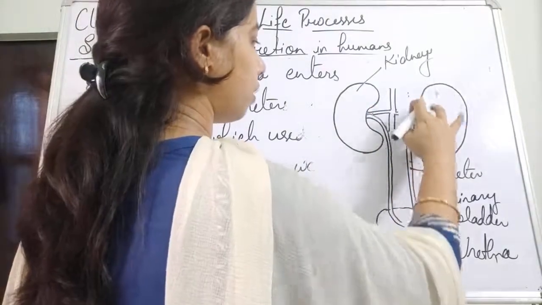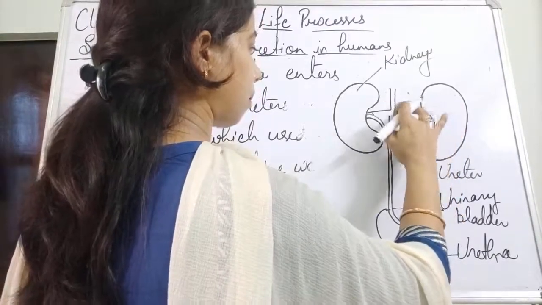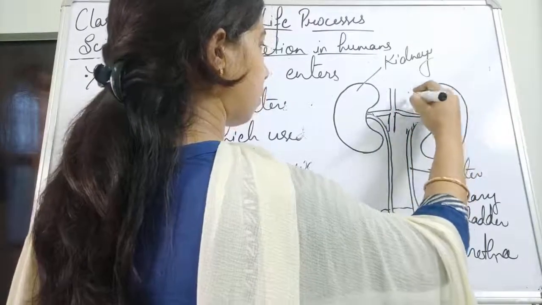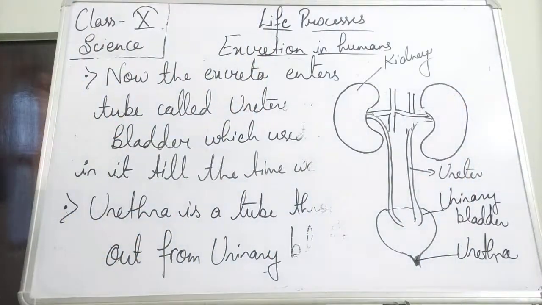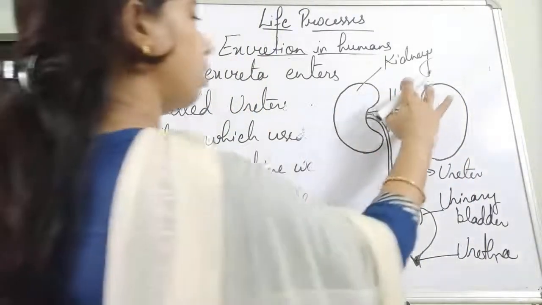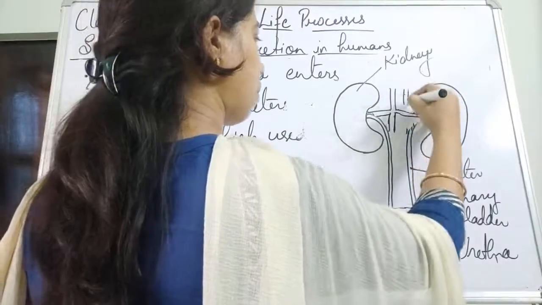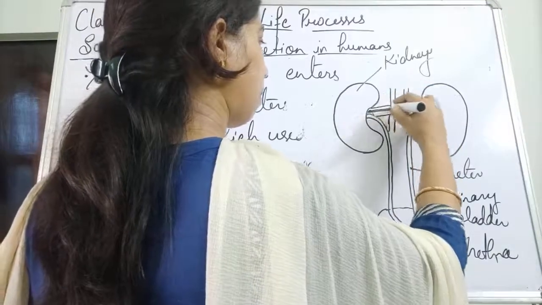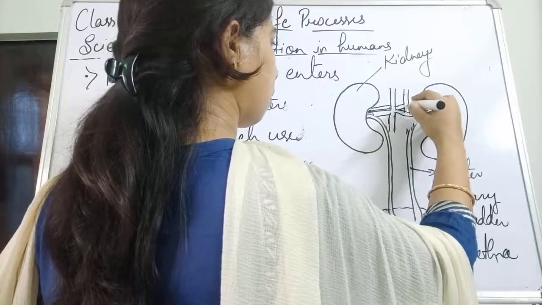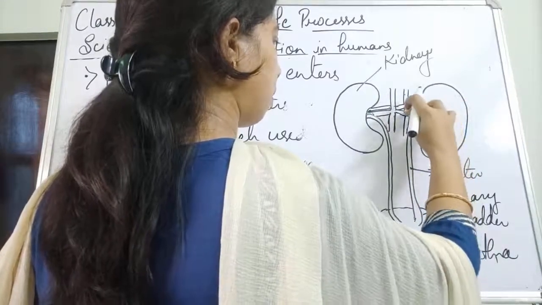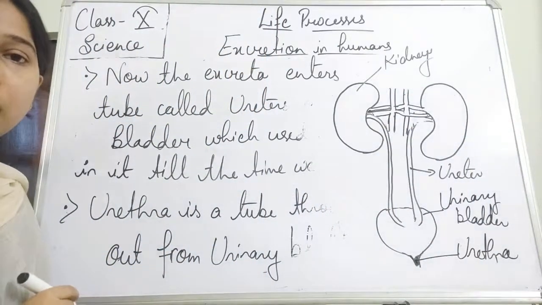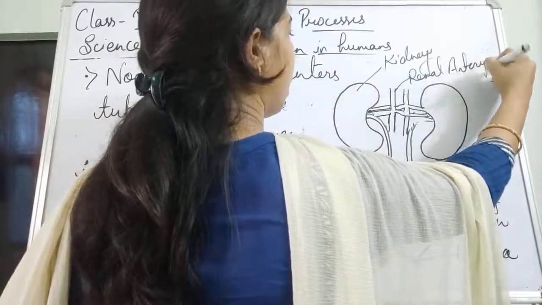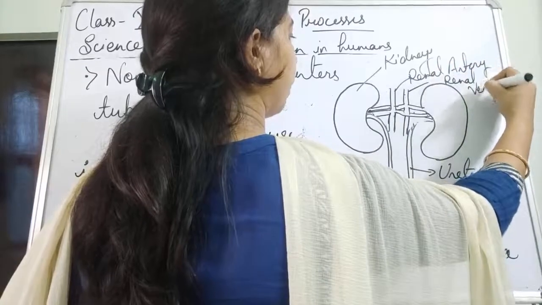And these two are the renal artery and the renal vein.